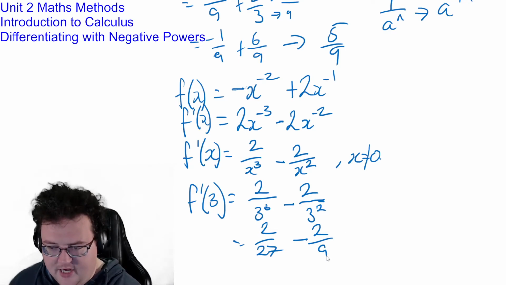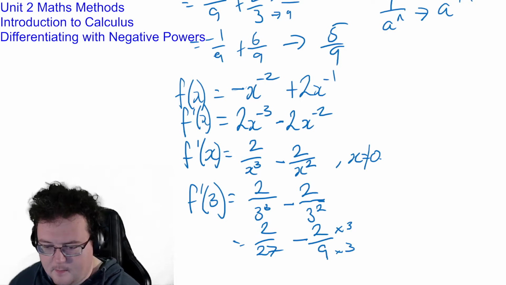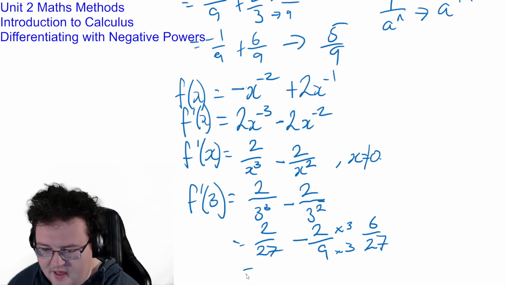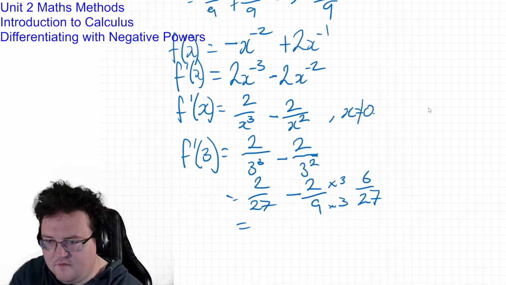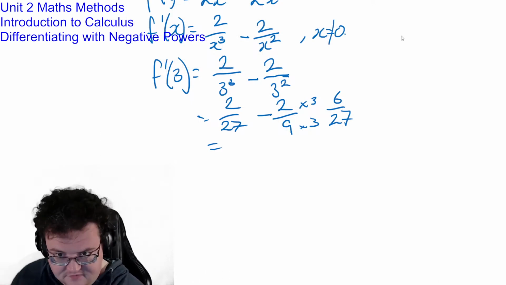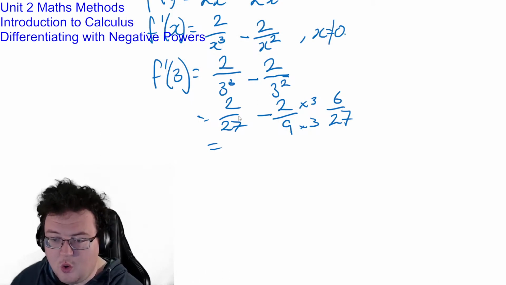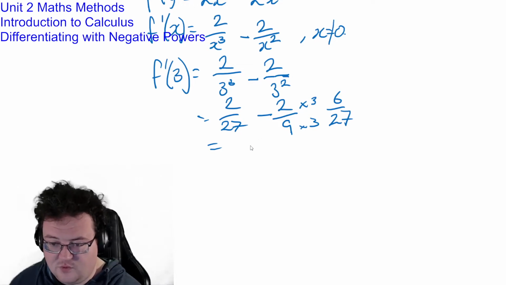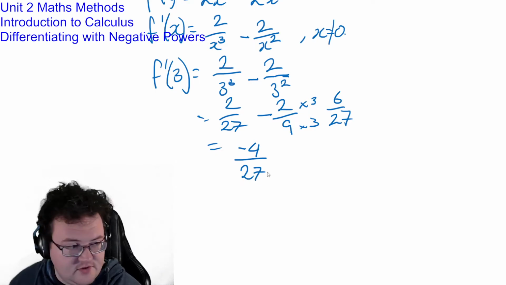Now the 2 over 9 can be turned into the 27 by multiplying by 3. And that means that it becomes 6 over 27. That means that my final answer for the gradient at f dash 3 is equal to 2 over 27 minus 6 over 27. So that answer is going to be minus 4 over 27.